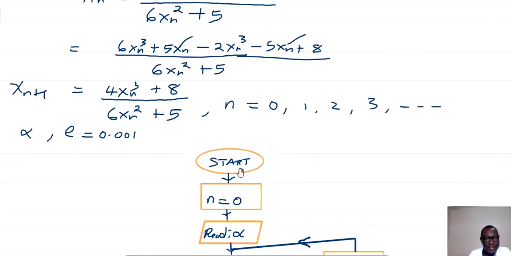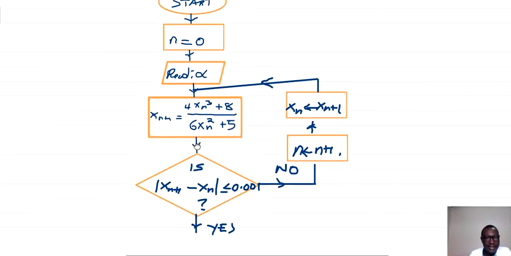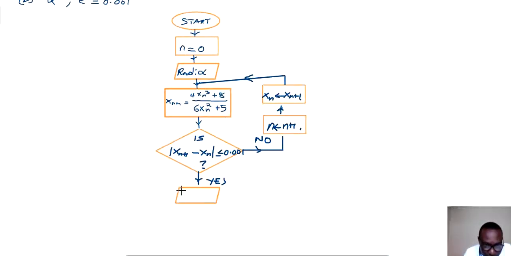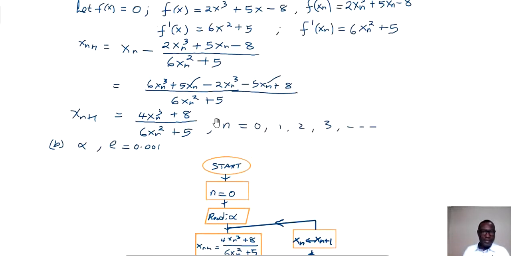Now print is a command, and therefore we are going to use a box which is a parallelogram. So we shall print xn+1, and after printing xn+1, we shall stop. And the stop button is always in the oval shape, so we are going to bring it in. So we stop.